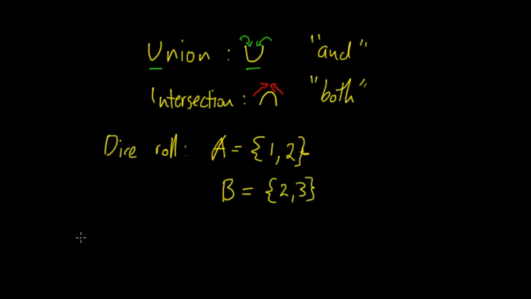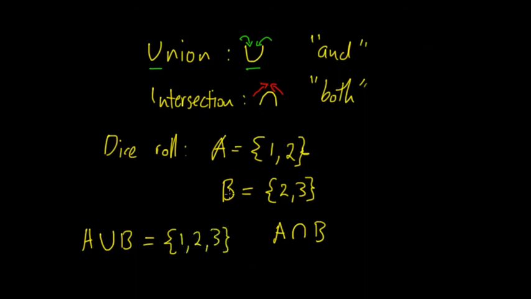So there are two different ones we have here: A union B and A intersection B. A union B would be 1, 2, and 3, so it includes all the numbers that are encompassed in both A and B. However, A intersection B would just equal 2.